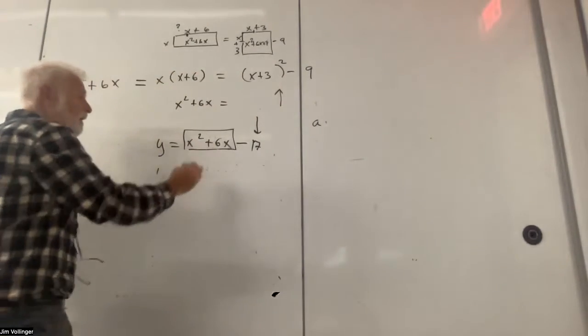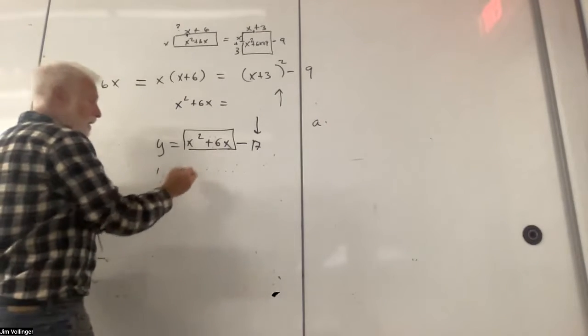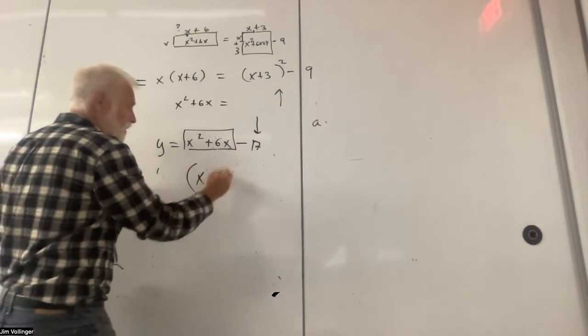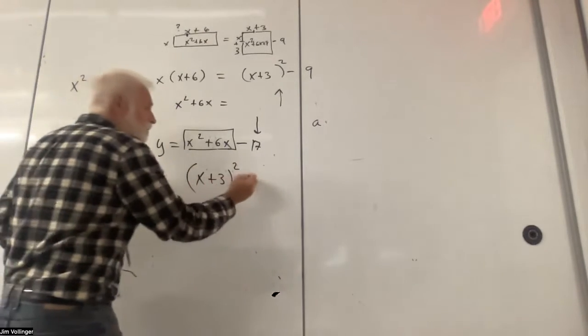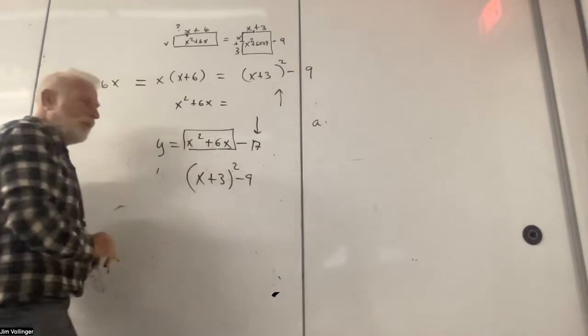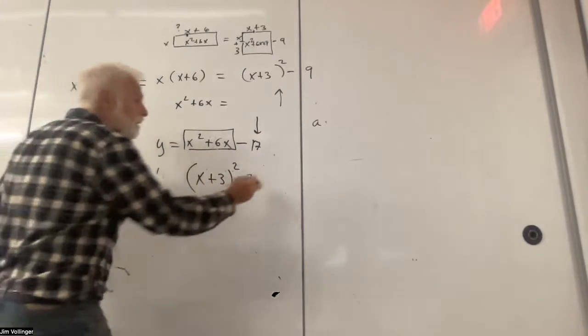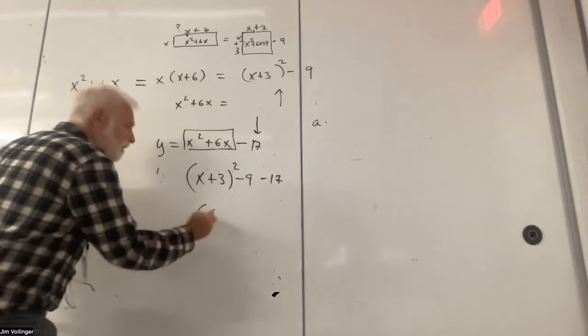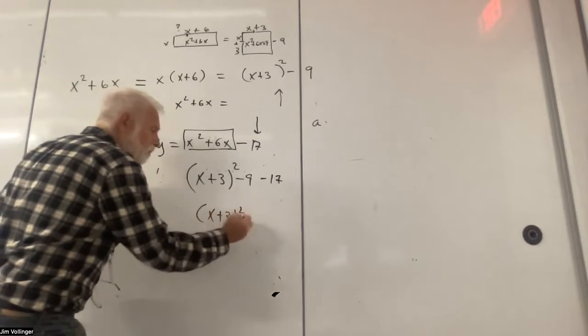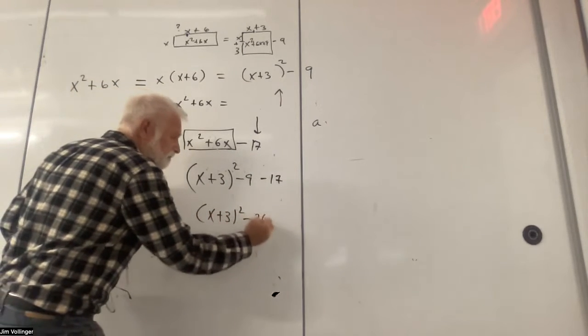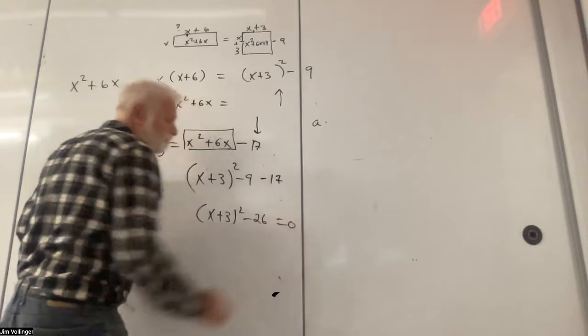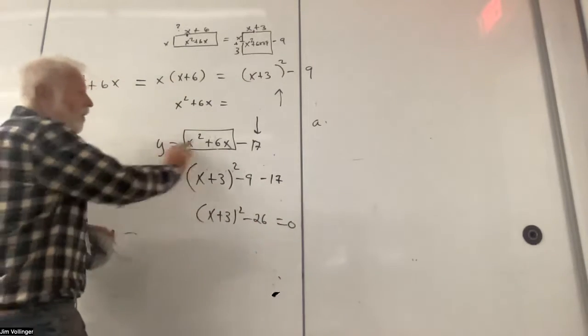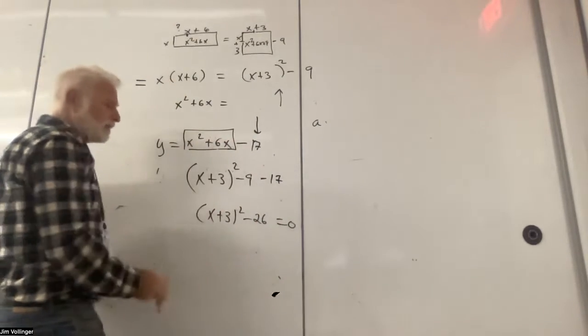All right, you cut that in half. And you form the square. You make sure the numerics are the same. And then we tuck -17 there. And now we have x plus 3 squared minus what, 26? And if we set that to 0, well, I can solve that, although I couldn't do it by factoring. Now it's a piece of cake.